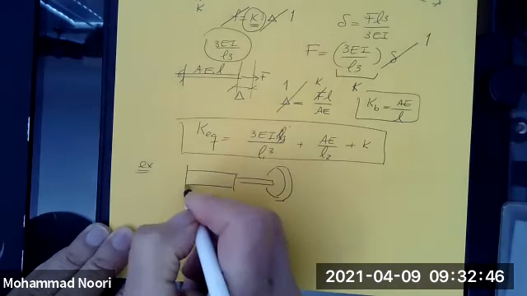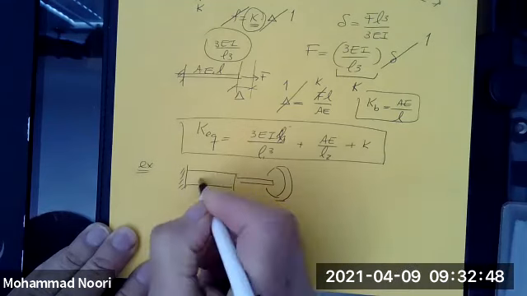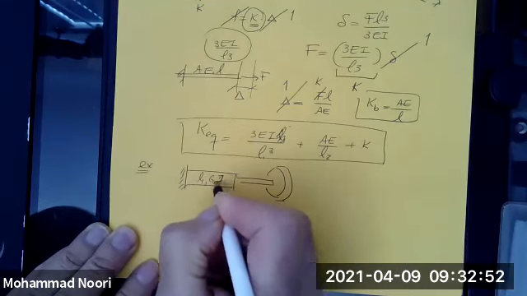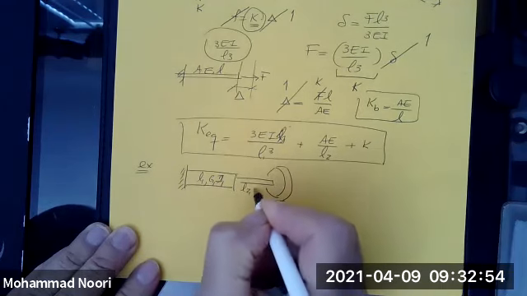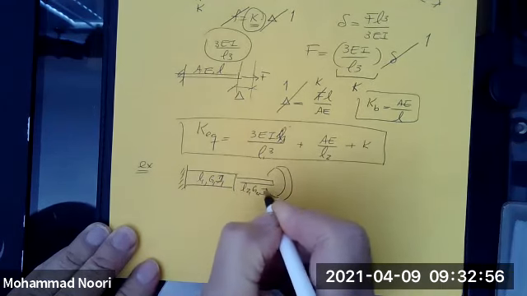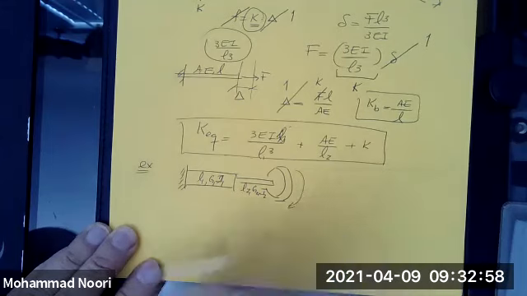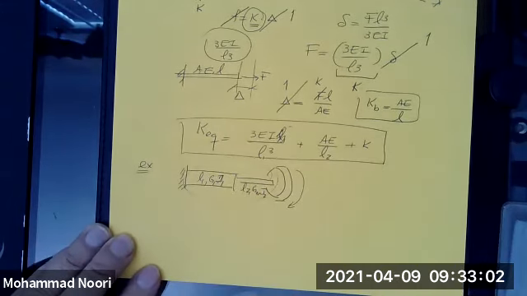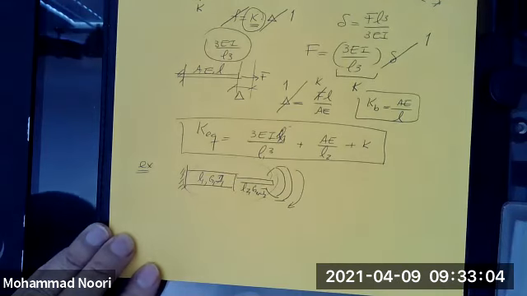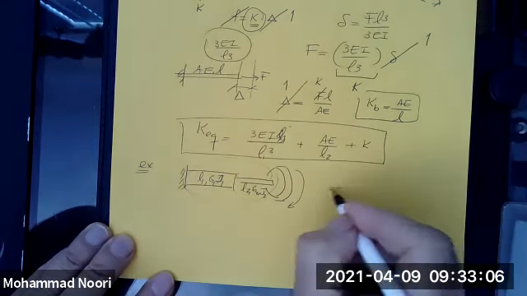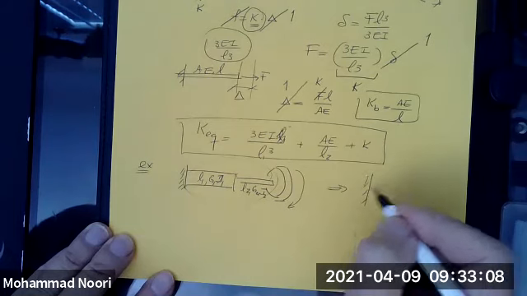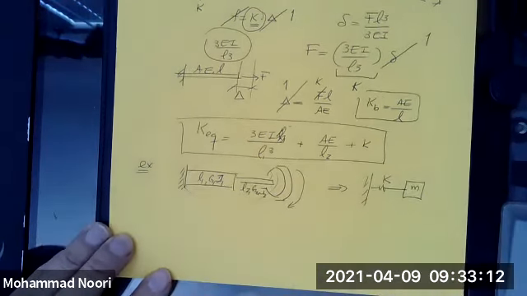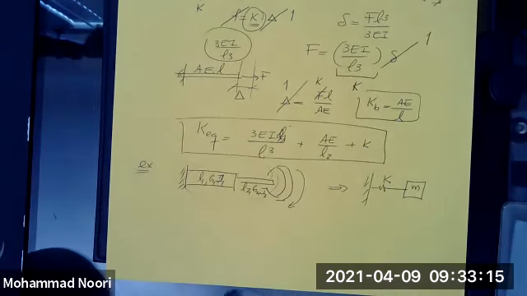All the properties of each shaft are given: L1, G1, J1, L2, G2, J2, and this is vibrating. You want to replace it with a single shaft or a single torsional spring, meaning you want to replace this whole thing with something like this. That's the idea. That's what we are talking about with modeling, right?